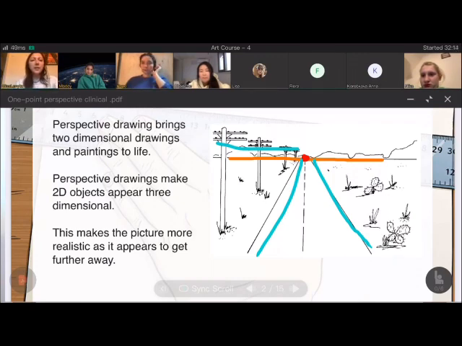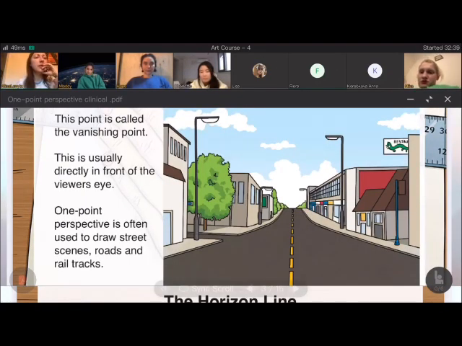So this disappearing of the poles, for example, as with the street lights, makes the picture look like they are disappearing, and then there is a volume and the distance. You can try to show me the horizon line, vanishing point. What's that one? What line is that?